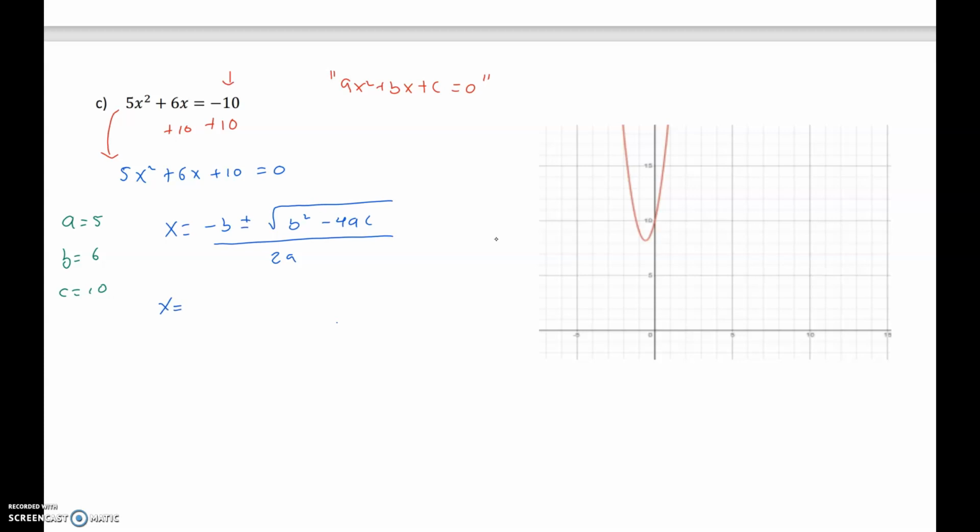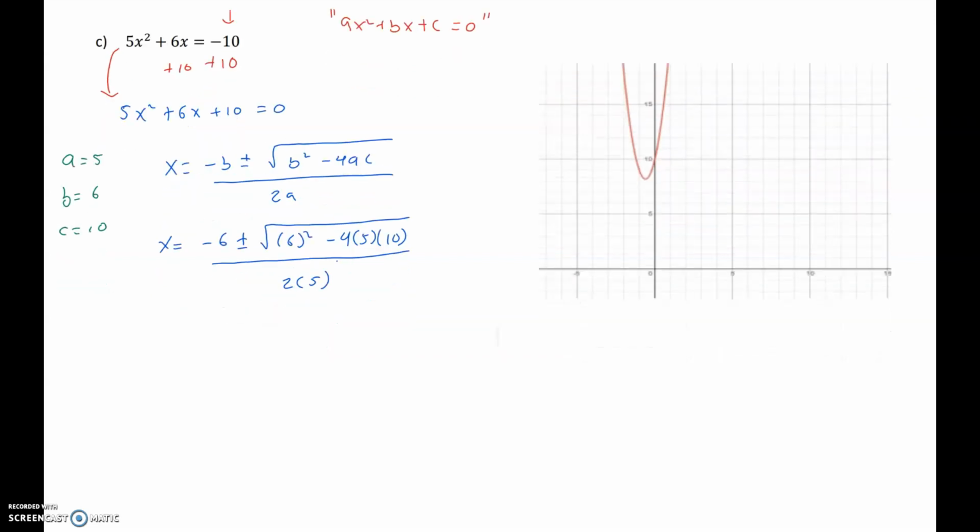Or x is equal to -b, which is -6, plus or minus the square root of 6 squared minus 4 times 5 times 10, divided by 2 times 5.